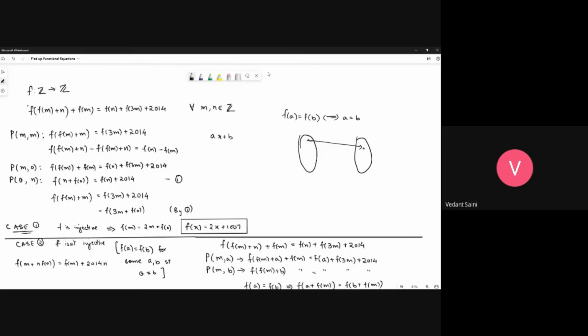This thing goes to this thing. So injectivity means two from here can't go to the same thing. Like this cannot be the case. Is that okay?